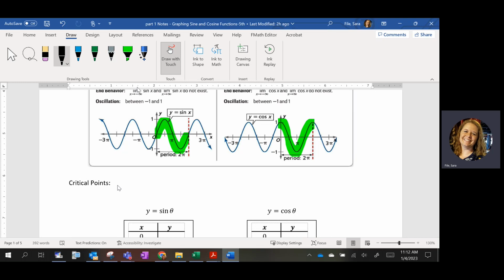Okay, but when you hit the X and Y axis around the unit circle, do y'all remember what those were called? Like, so 0, 90, 180, 270, 360. Quadrantals, right? The quadrantals, exactly. So our critical points, which you'll see me abbreviate a lot, CP, okay, those are the quadrantals.